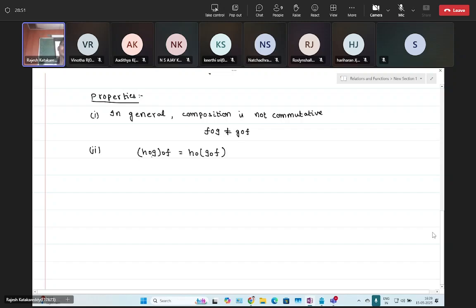If I have three functions, I can take the first two and do the composition, then the resultant I'll again compose with the third one. This is the associative property. You will see this in addition and multiplication.